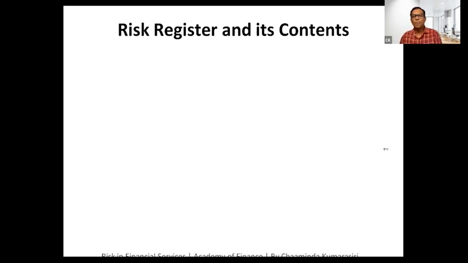And also, when we assess this risk, as I told you earlier, there is always a possibility to ignore or have some oversights on certain risk elements. So you have to have some criteria to make sure that when you capture this risk, all possible aspects of the risk are captured so that you can make a realistic assessment of the risk.